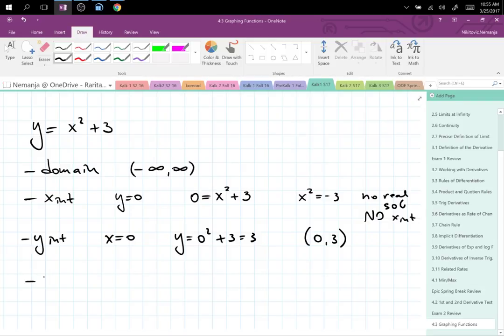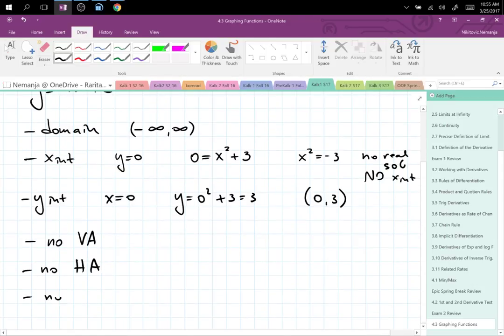You have those definitions for vertical and horizontal asymptotes, and the slant occurs only with rational functions. This is an x squared polynomial. Polynomials do not have asymptotes. So no vertical asymptote, no horizontal asymptote, and no slant asymptote. We are already 7 calculations in.